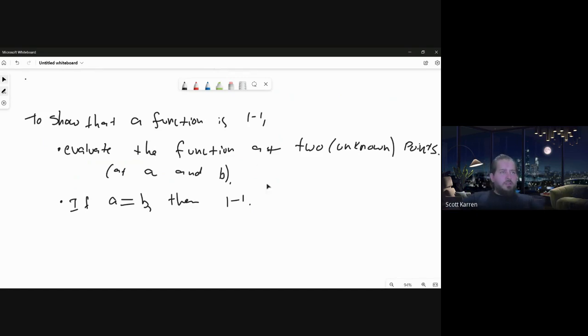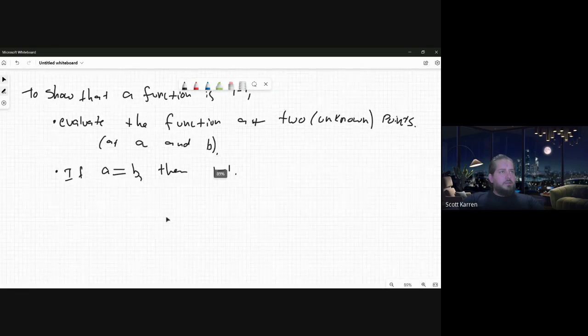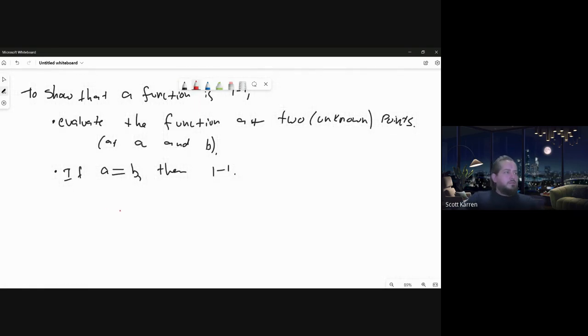Well, let's take a look at an example of this. So we want to prove, and a lot of times they'll ask you either to show or prove, but we're going to prove that f of x being 2x minus 3 is one-to-one.